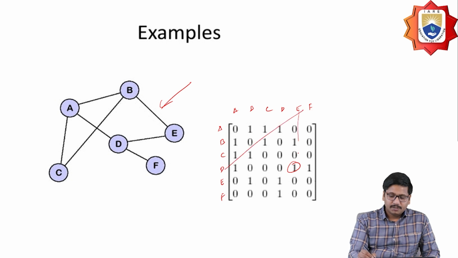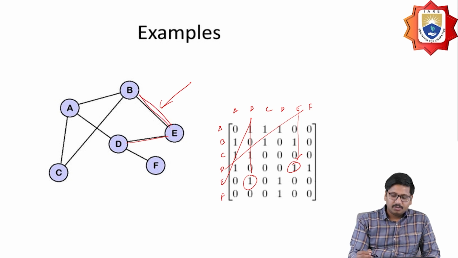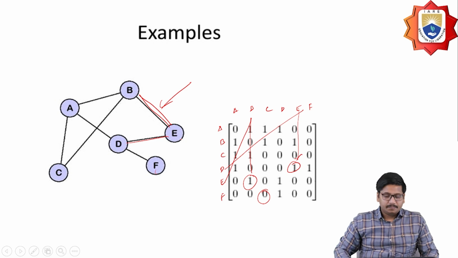D to E. There is an edge from D to E, that's why it should be 1. How are these values assigned? E to B. There is this edge, so that's why it should be 1. So why should it be 0? F to C. There is no edge from F to C, so that's why it should be 0. And similarly F to E is also 0. It does not have any kind of edge.